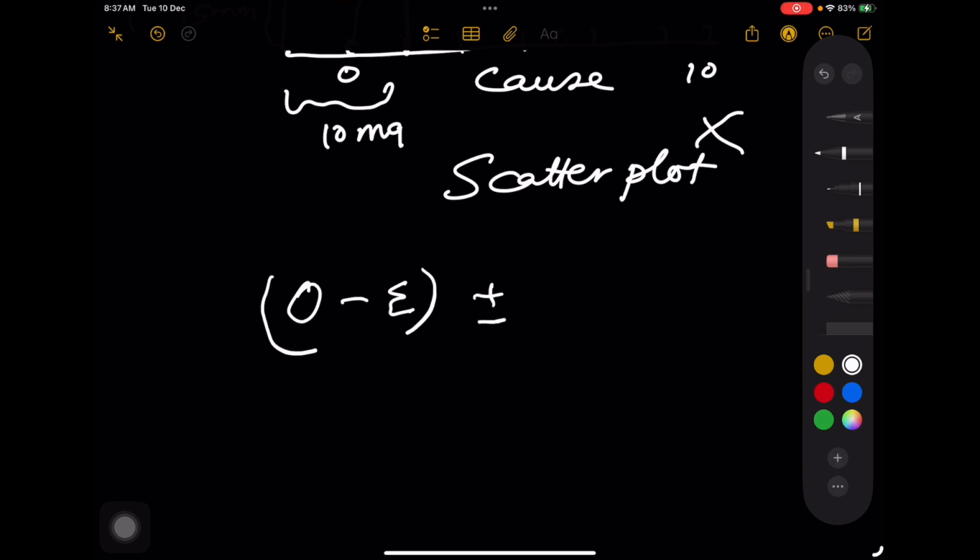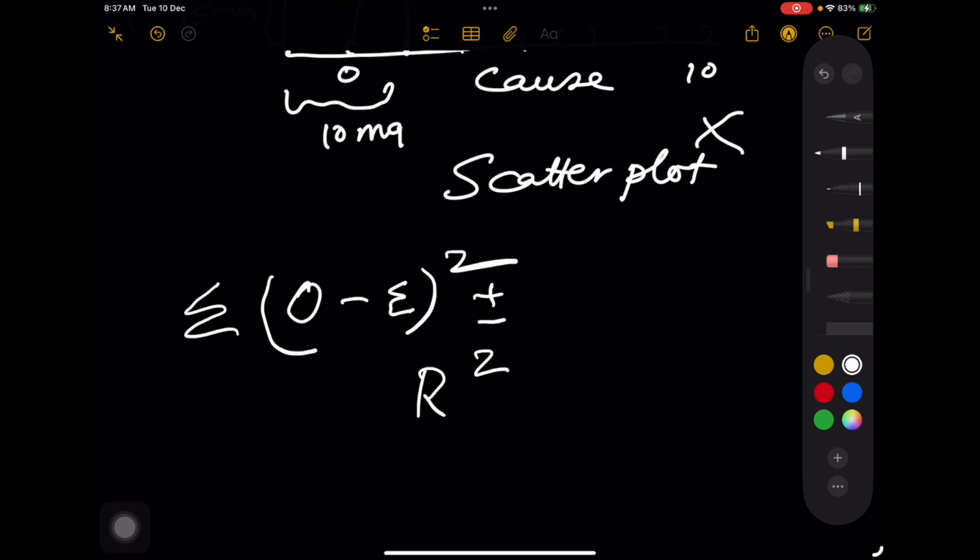So you square them, and as you square them, the sign disappears, and then you add them up. So there is a sigma or addition of observed minus estimated squared. This is called residual square.